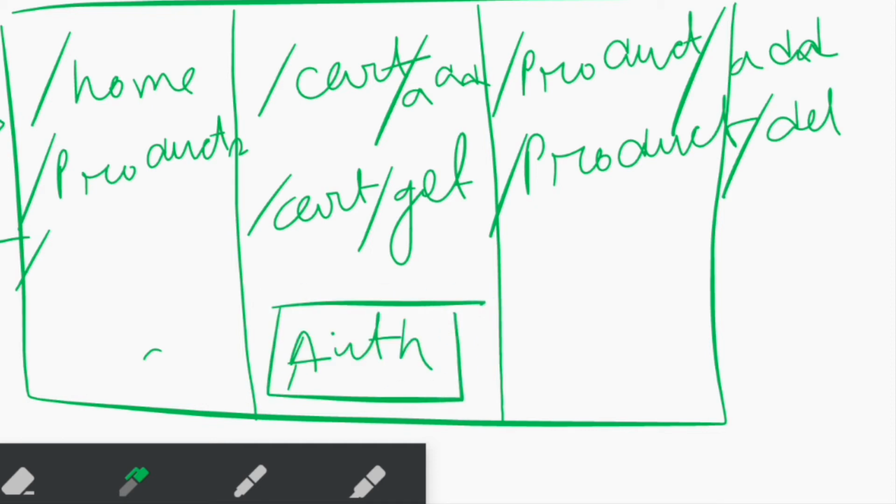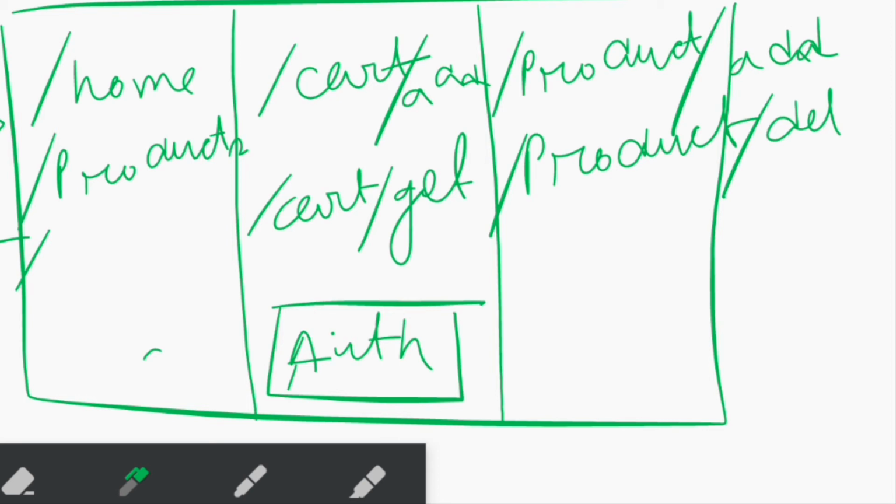And finally, if you look at the third section, /product/add and /product/delete, these need one separate role to access these URLs or endpoints, because no one can delete, add, or edit a product without the particular role. Only admin can do edit, delete, and add operations.